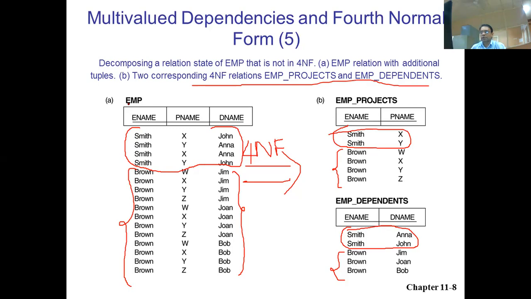Of course, the relation is in BCNF, because it is an all-key relation and we don't have any dependencies that hold on it. So this relation is in BCNF but suffers from multivalued dependency. Fourth normal form is stronger than BCNF and avoids this kind of multivalued dependency.